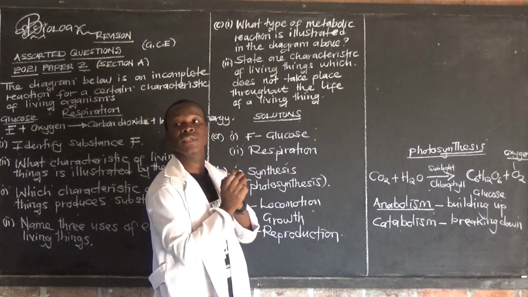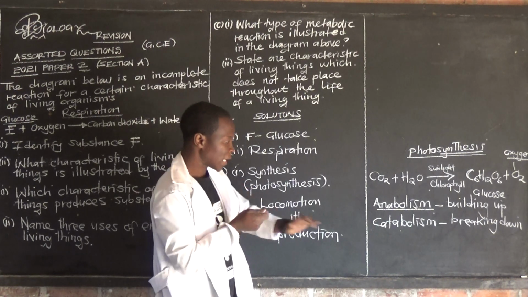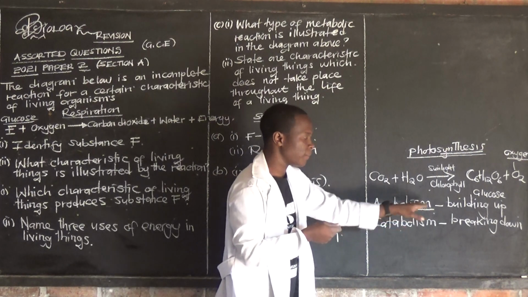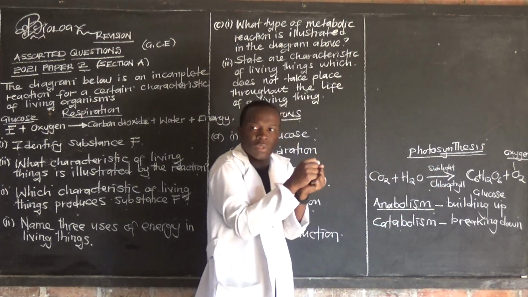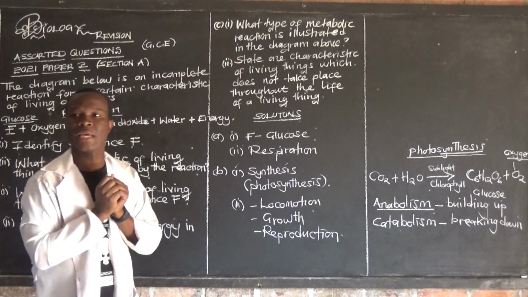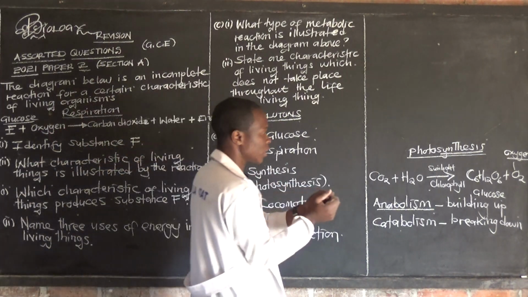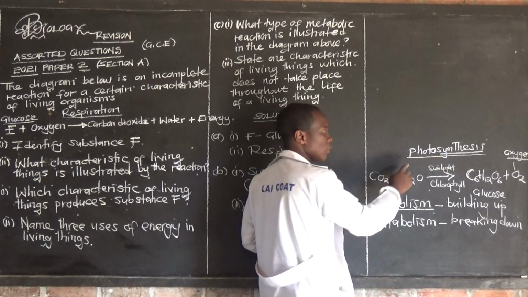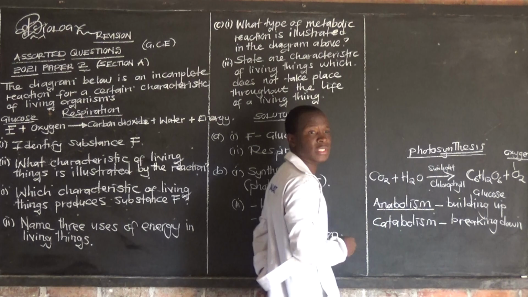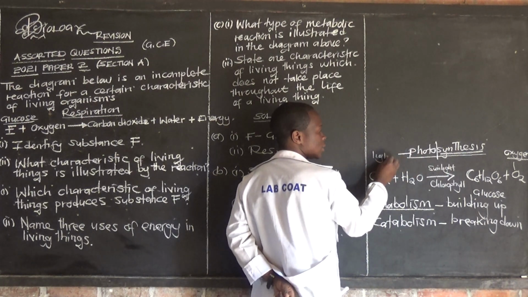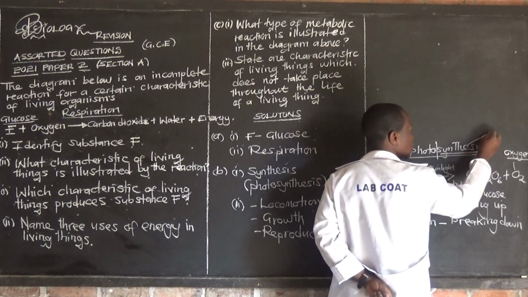So catabolism is breaking down, while anabolism is the building up of smaller molecules to form complex, larger molecules. Like photosynthesis. Remember, in grade 9, we said the word photosynthesis is a compound word made up of photo, which means light, and synthesis, which means building.